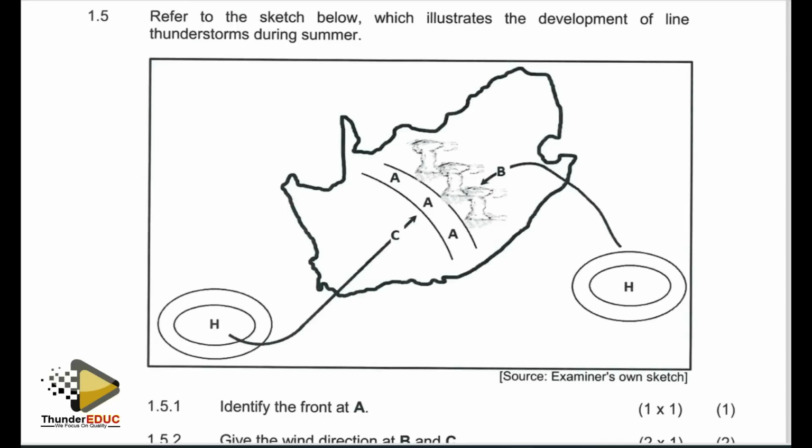So we have the existence of the low pressure cell over the interior. And remember, we have our two high pressure cells over the Atlantic and over the Indian Ocean. The resultant effect is that there will be a pressure gradient between the South Atlantic high pressure cell and the interior, and also a pressure gradient between the South Indian and the interior.